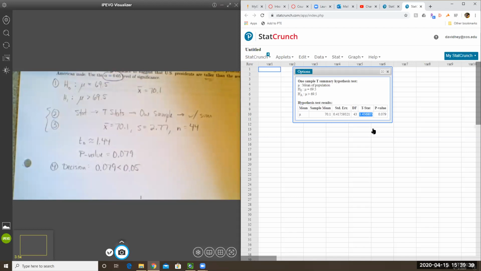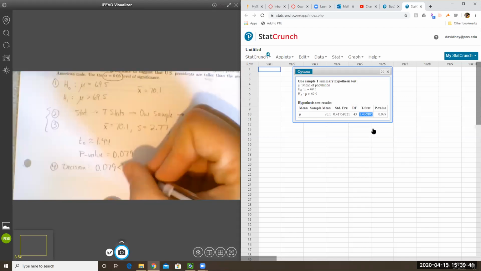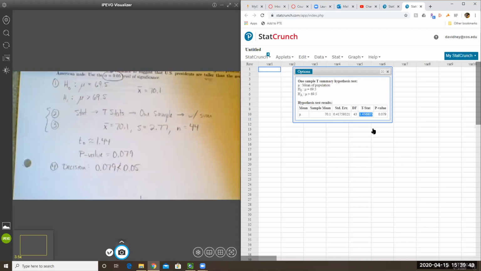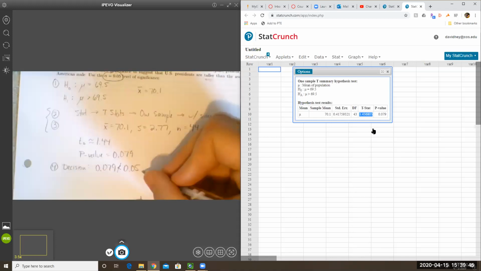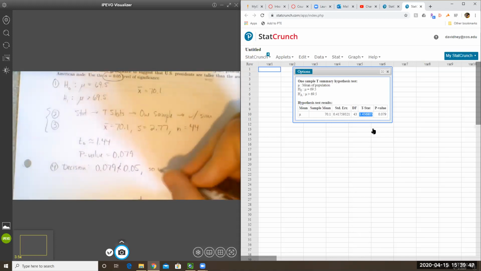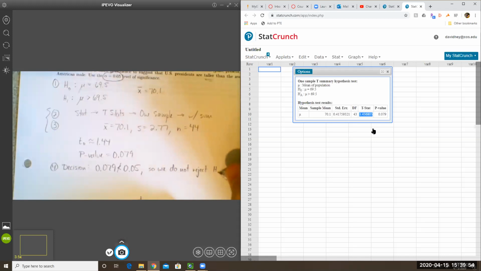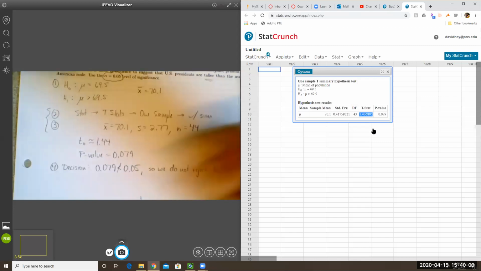In this case, our p-value is not less than alpha, right? This is not a true statement. So we do not reject the null hypothesis. Okay.